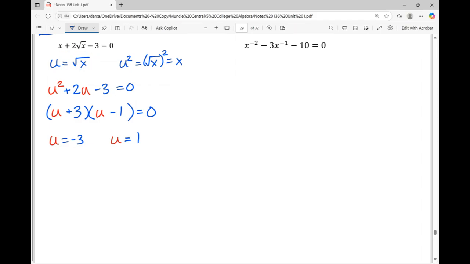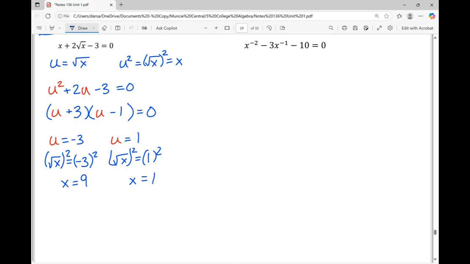So we need to put that square root of x back into the equation. How do I undo a square root? Well, I square both sides. So my two candidate answers for x are 9, since -3 times -3 is 9, and 1.